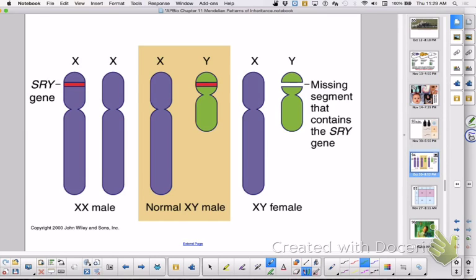Now, X-linked genes, we're going to be talking about them. X-linked genes have nothing to do with gender, yet they are carried on the X chromosome. For instance, being colorblind. Now, do you know typically who's more likely to be colorblind, a male or a female? Males.